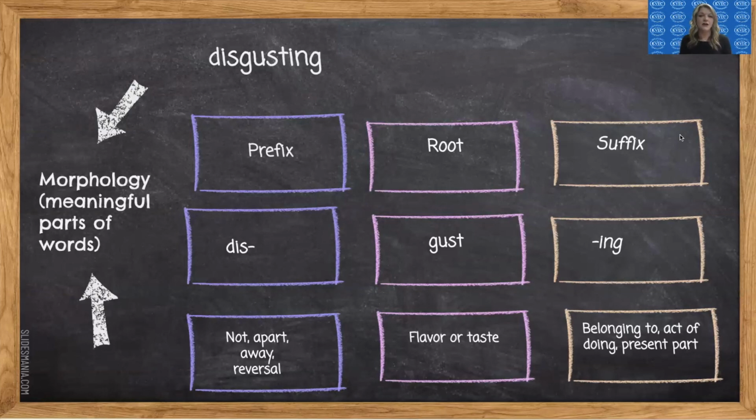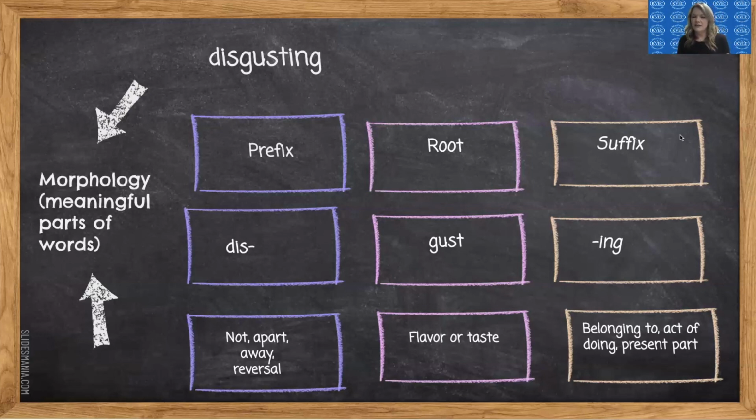So if they didn't know what disgusting means and you gave them the meanings of those word parts, then they could probably piece together and say, okay, belonging to the taste, but then this is not.